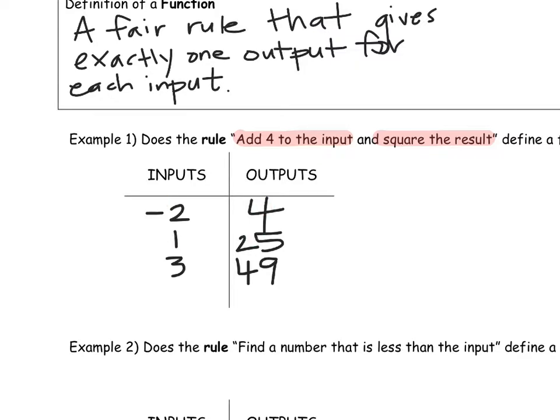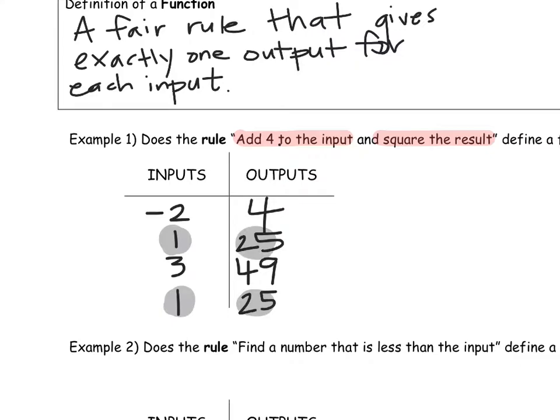Input, output, input, output. The way that I always test a function is I go back and pick another input that I have already selected. What if I picked 1 again? I add 4 to the input, that's 5. Square the result, I get 25. Again, this is a function because that same input I picked, 1, gave me the same output.